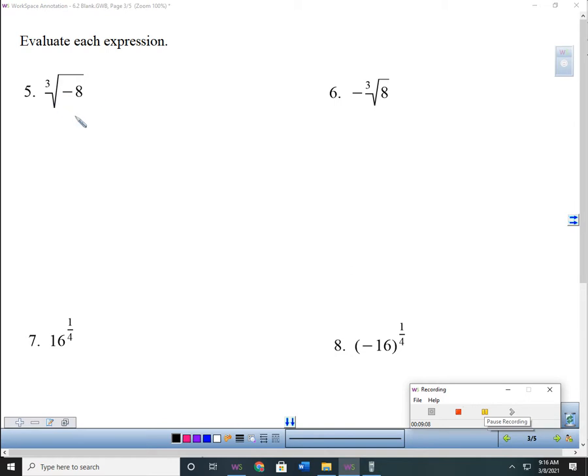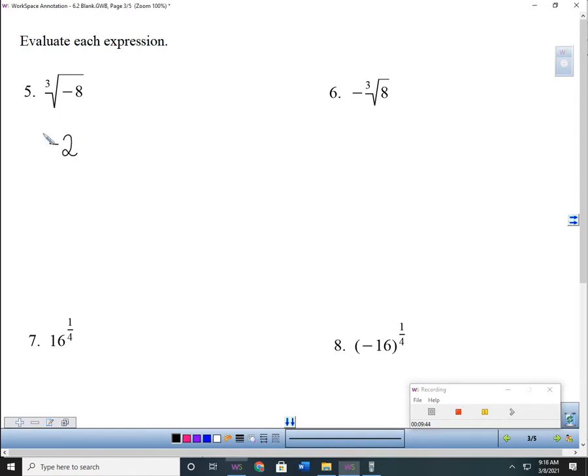All right. Now, sometimes we just get to a point where we don't want to guess anymore, and we're going to talk about that in the next lesson, okay? So for this lesson, we've got to think about what the answer would be. So I have a cubed root again of a negative 8. So what number times itself 3 times gives me negative 8?